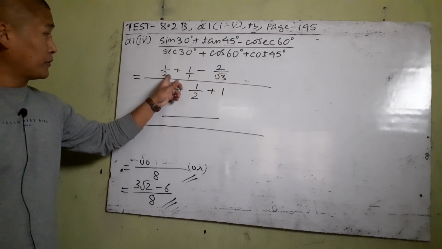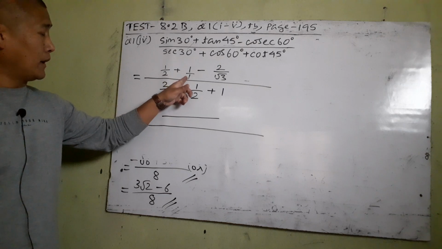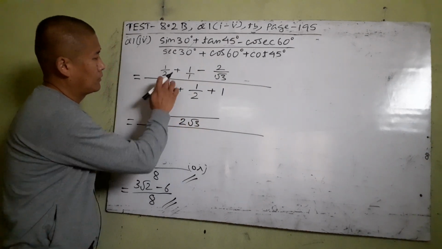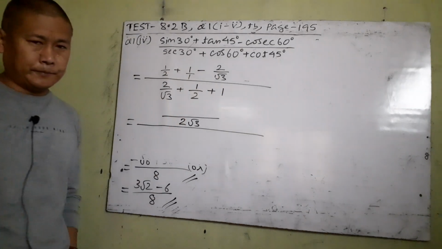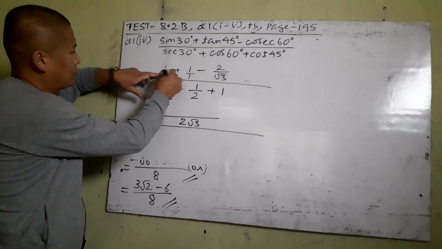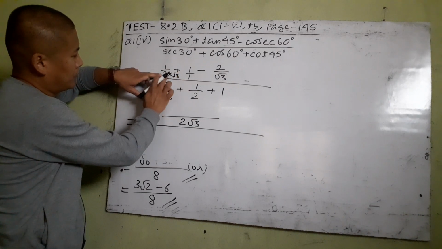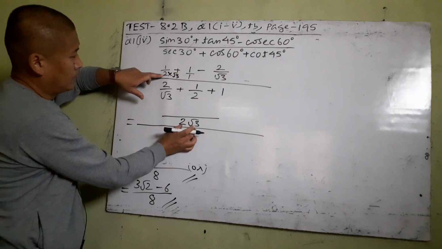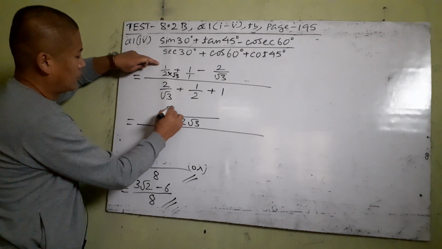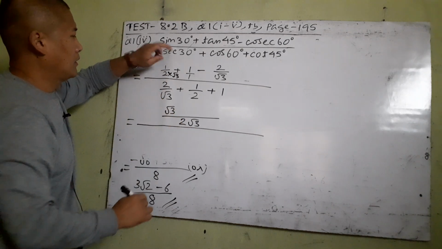LCM of denominators 2, 1 and root 3 is 2 root 3. 2 into root 3, 2 root 3. That's your LCM. So to solve it, we take the first denominator, which is 2 into root 3, then we'll get this LCM. Then we multiply that number to the numerator, root 3 into 1, root 3.